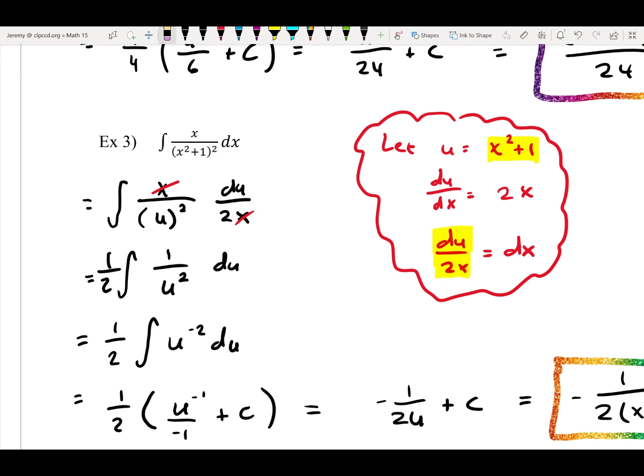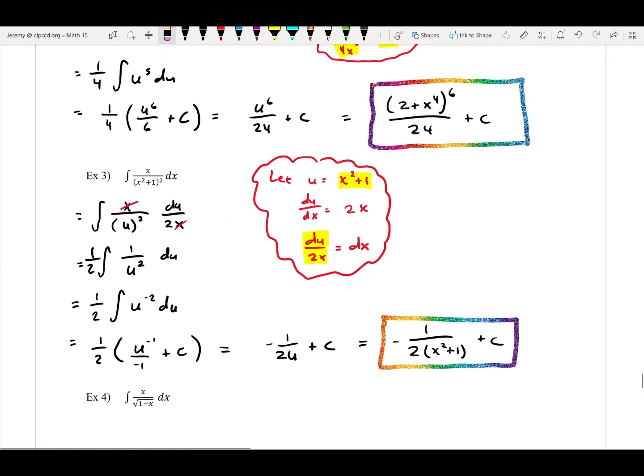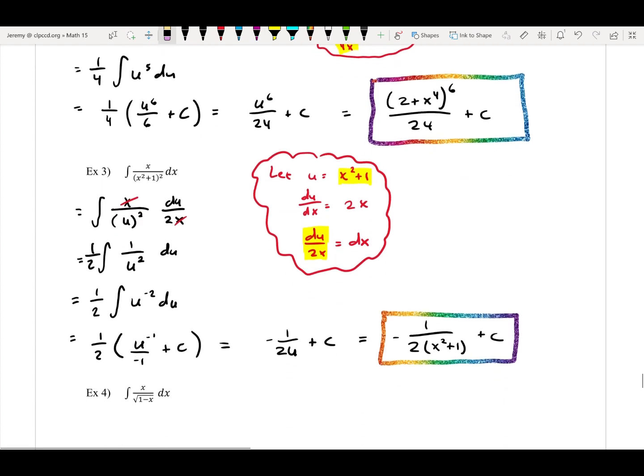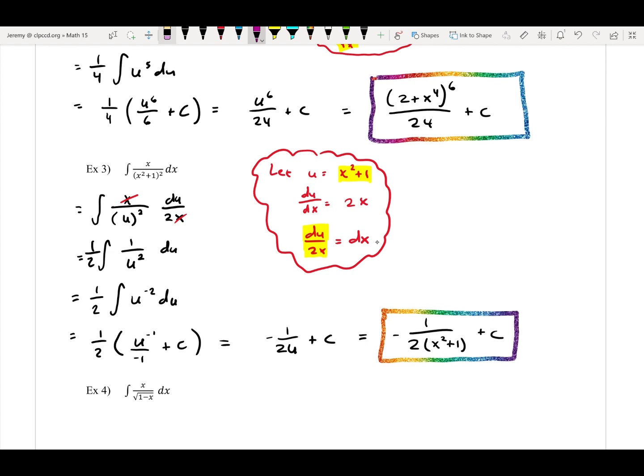The reason why I didn't go down that road is because I was thinking about this thing where, like in the previous example, you want the derivative of your inner function to be canceled out by something that's in the integrand. So when I was looking at this problem, I was thinking, if I let u equal x squared plus 1 and take the derivative of that, there's going to be a factor of x, which will cancel with this one.